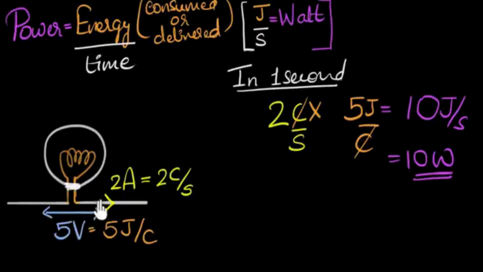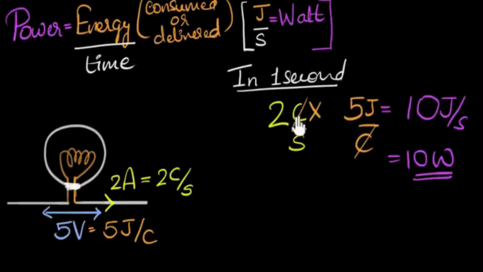Now, if the current was, let's say, 3 amperes, then in 1 second, 3 coulombs would pass by, and so this would be 3. On the other hand, if the voltage was, let's say, 20 volts, then for every coulomb that passes by, 20 joules of energy would be delivered to the bulb, and so this would be 20.